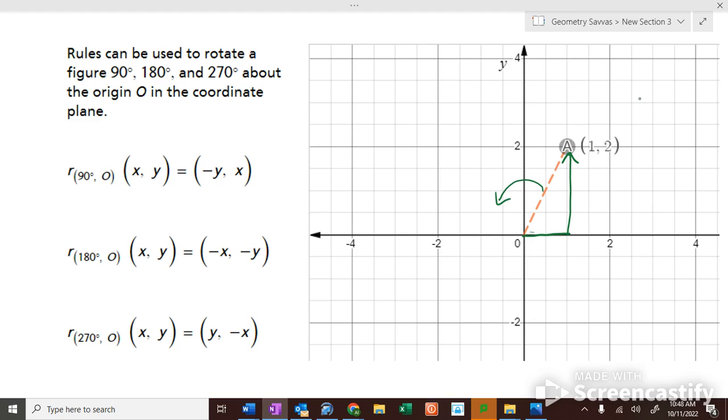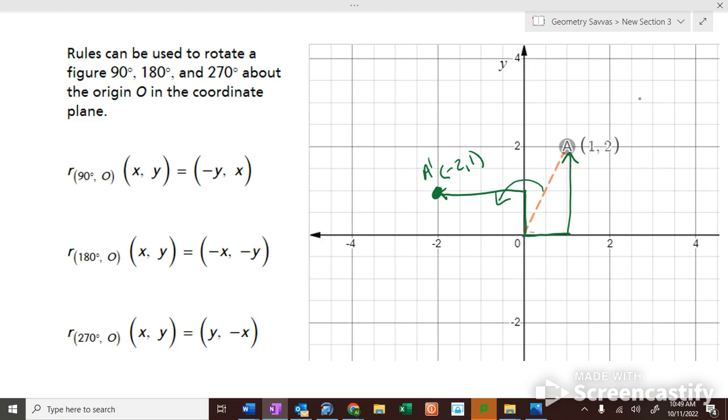So instead of going over 1 and up 2, we're going up 1 over 2. And so now A prime for a 90-degree rotation will be the point -2, 1. See how we switch the x and y around and make what was originally y negative.